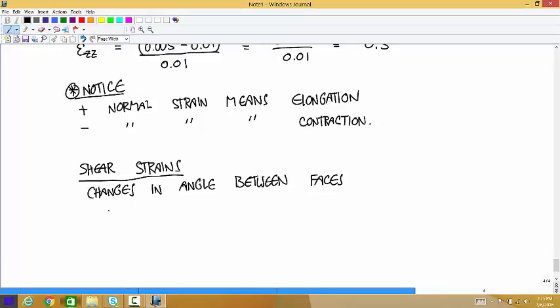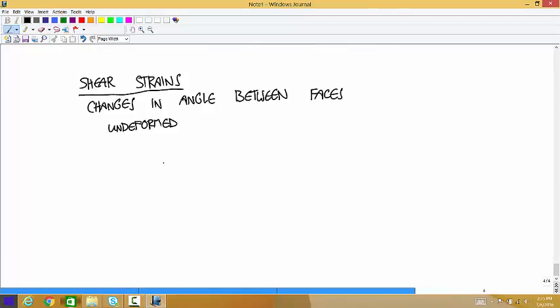And so if your undeformed object is rectangular, so all of these angles between the faces are 90 degrees, and I'll use this coordinate system, x, y, and z towards us.